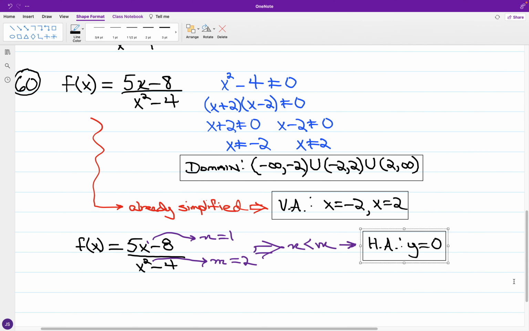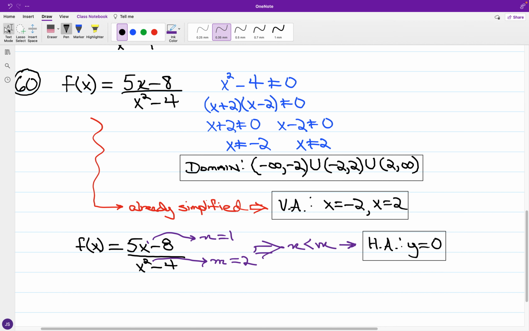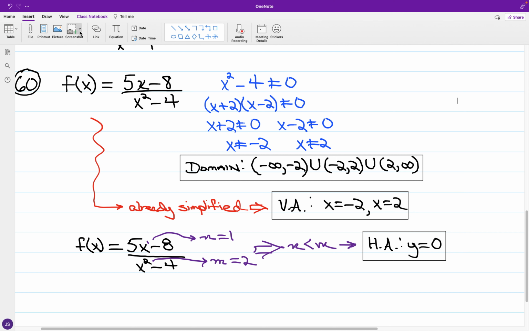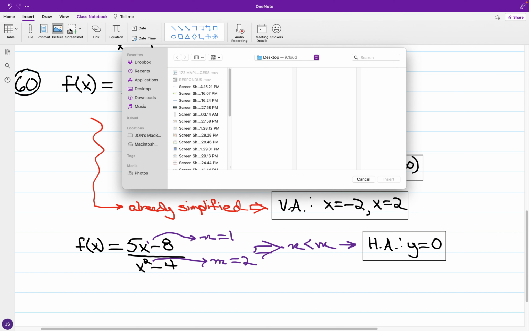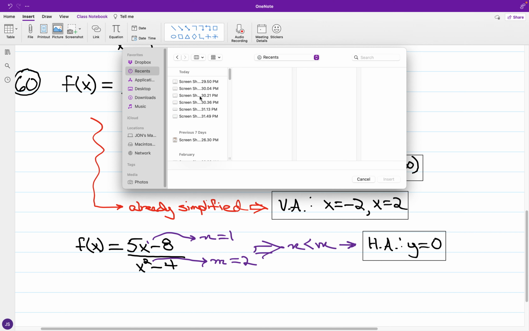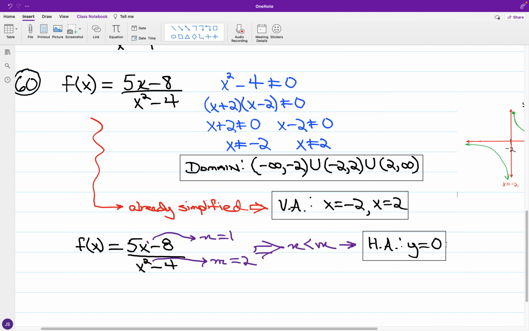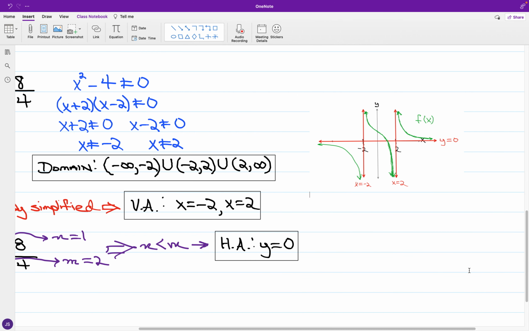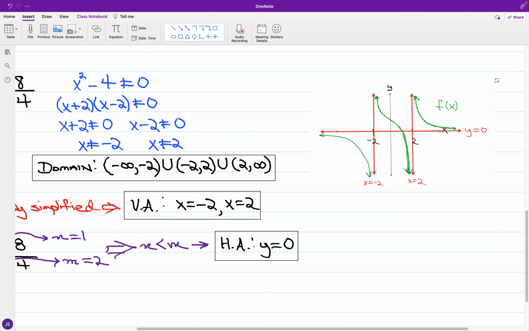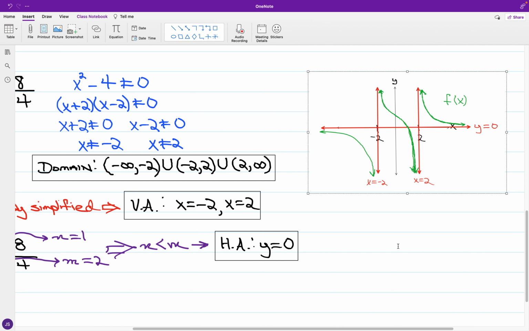So again we have three asymptotes, two vertical, one horizontal. And visually, it's kind of like the graph we had in number 59. This time you have the vertical asymptotes x equal to negative 2, x equal to positive 2.